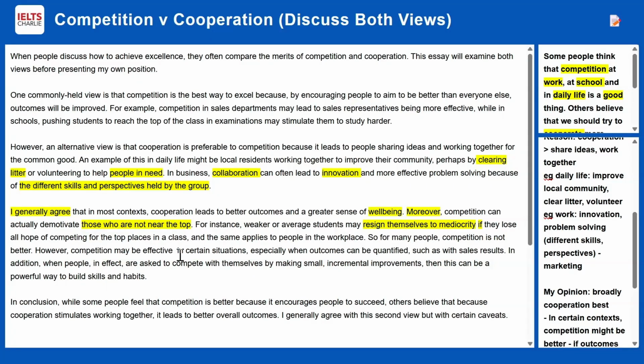However, so for many people, competition is not better, although let's do some referencing here. It may be effective in certain situations, especially when outcomes can be quantified, such as with sales results.